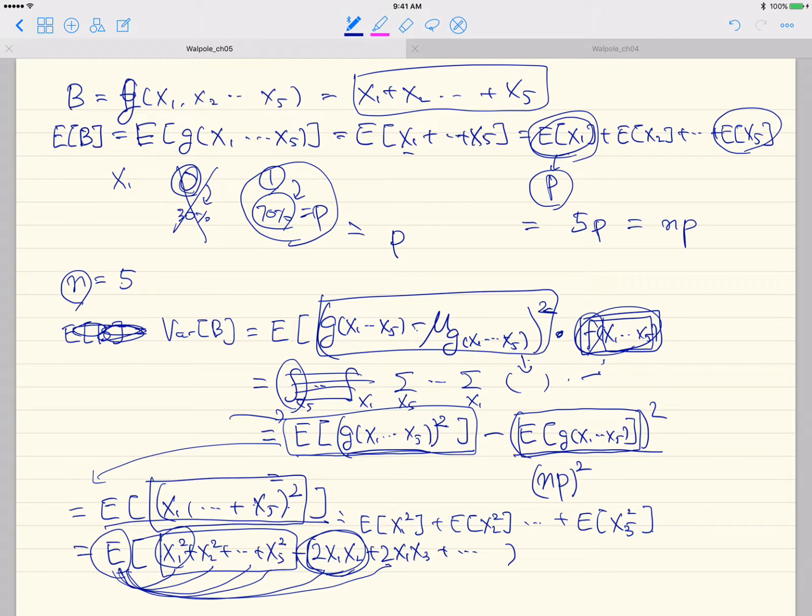So we know each of these has the same expectation value, and here we have 5p. So we have 5p, and then plus, here we have p squared, and how many terms of this do we have?